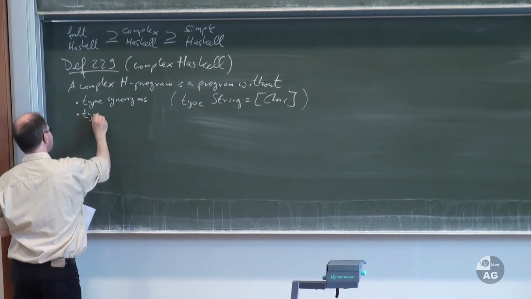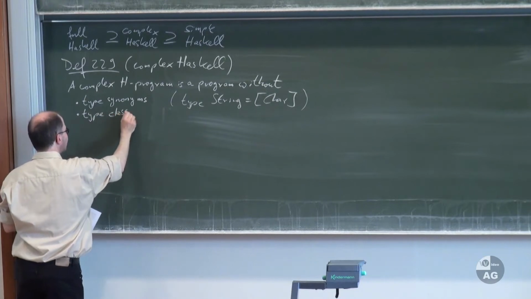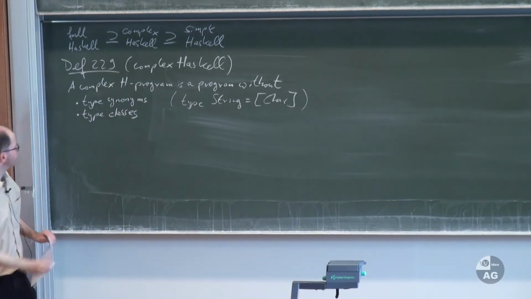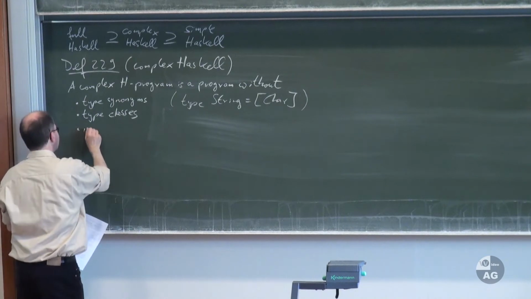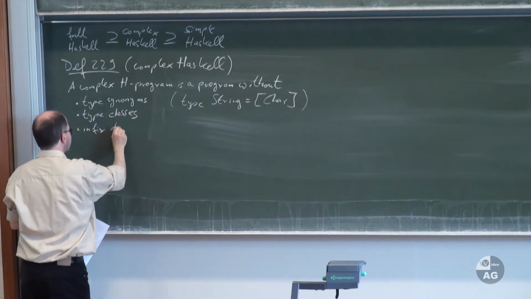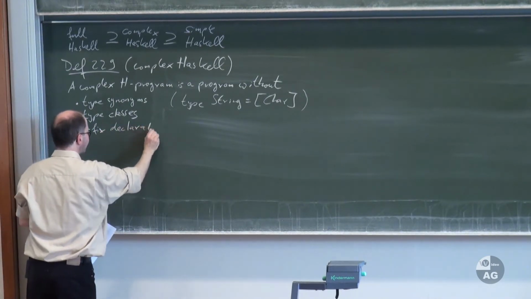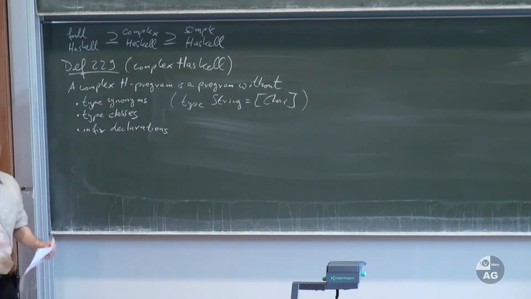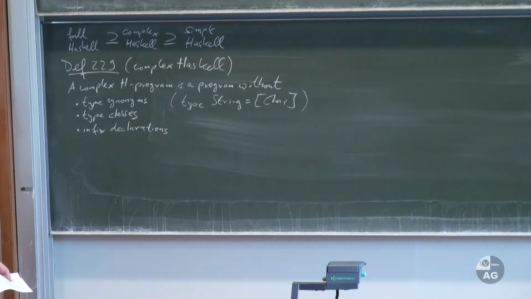Type classes we omit as well. That would require some more work to include them. So this we don't have. Then we don't have infix declarations. That's, of course, just syntactic sugar. So all the infix function symbols have to be converted to the corresponding prefix function symbols first.